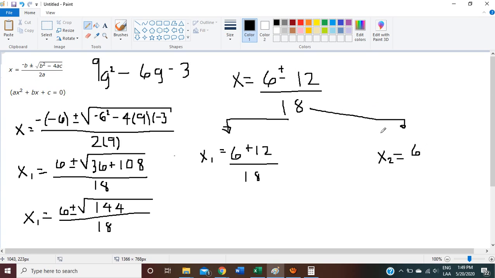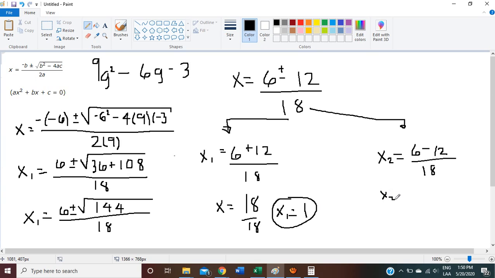I'm going to use minus 12 divided by 18. Okay, so x1 equals 6 plus 12 equals 18 divided by 18. So x1 equals 1. This is my first answer, and my second answer will be x2 equals 6 minus 12 equals negative 6 divided by 18.